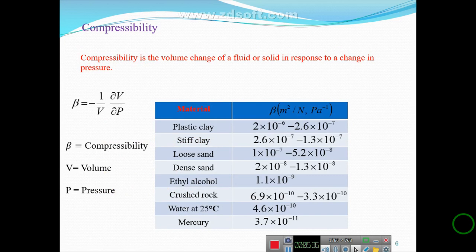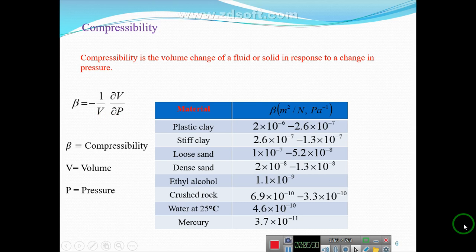In fluid mechanics, the compressibility of a fluid or a solid is the partial derivative of volume over the volume times the partial derivative of pressure.